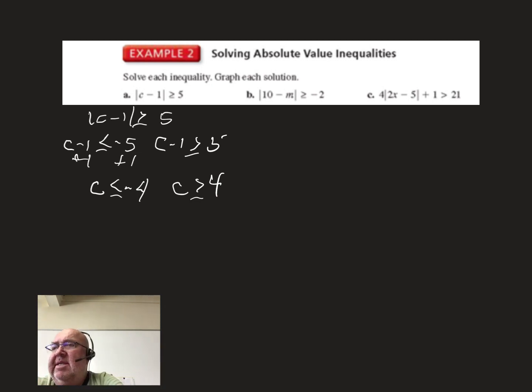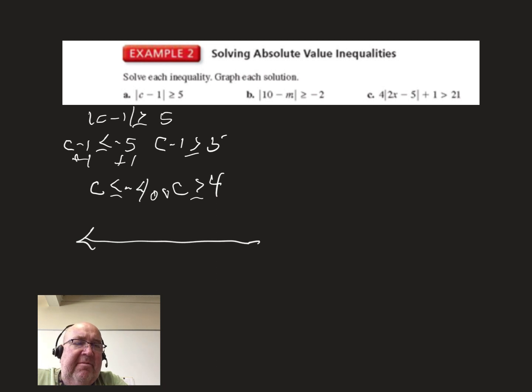So on this instance, we're actually going to make this into an OR, because they go away from each other. So if I have 0, 1, 2, 3, 4, 1, 2, 3, 4, over here I have C values are greater. Over here I have C values are less.